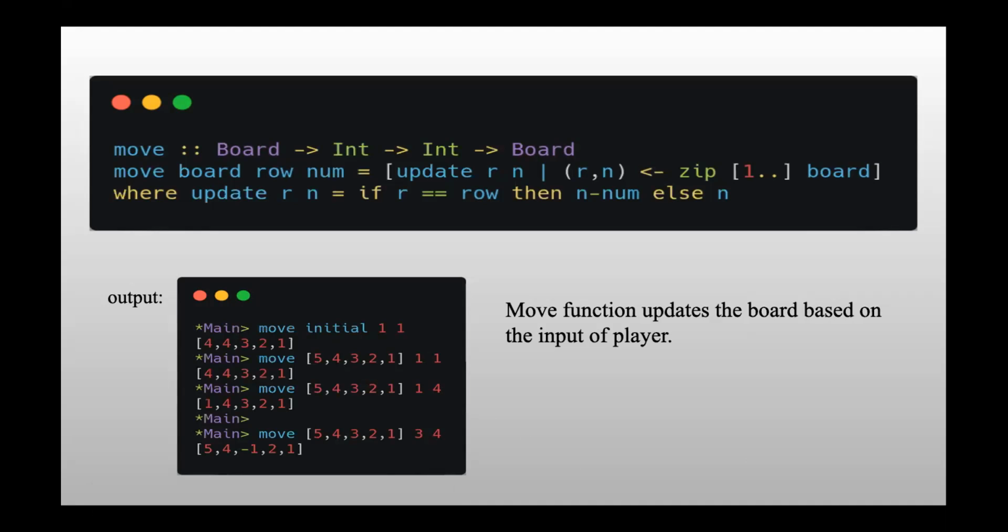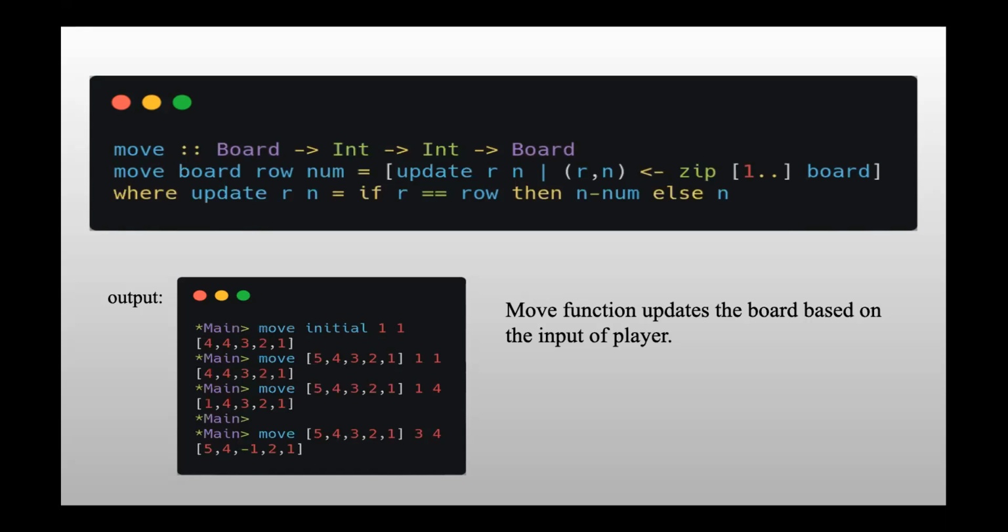So each zip will return a tuple, so it will have a row number and the number of stars in it. Then we are updating it. In the updating function we first check whether the row number is matching, and then we'll remove those many stars and update the board.